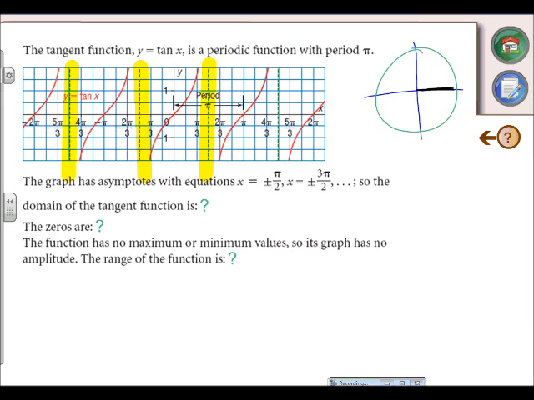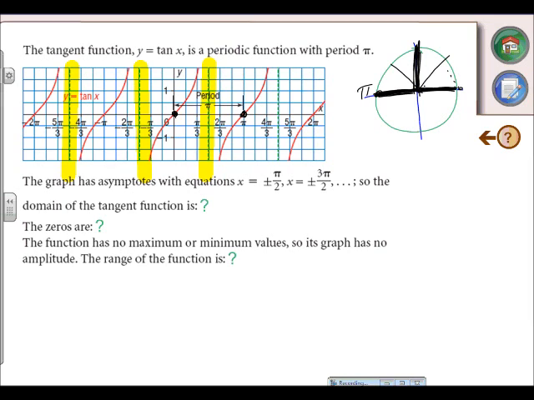So if we start here at 0, the slope of that horizontal line is 0. And as we go along, I could start drawing my lines and looking for the slope of it. If I'm over here on the other side of the x-axis, the slope is also going to be 0 again. That's at pi.